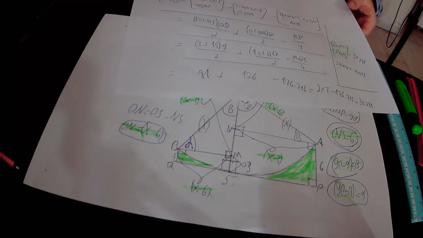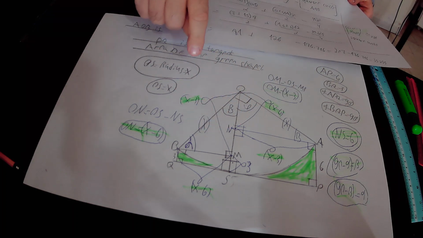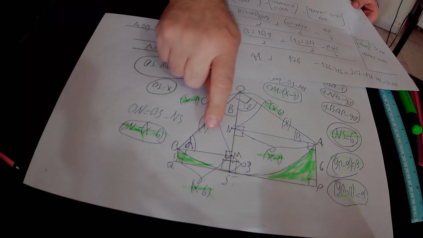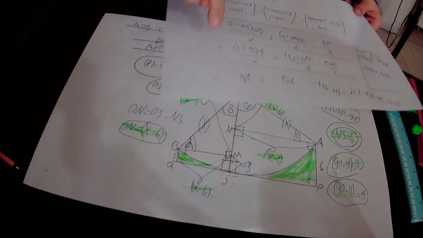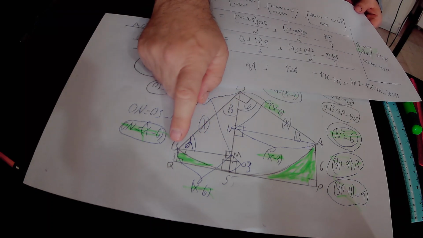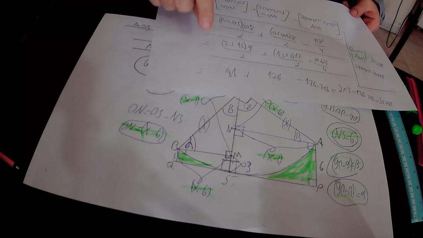So what is the area of trapezoid OBQS? The area of this trapezoid OBQS equals the sum of its bases, that is BQ plus OS, times the height to the base, that is QS, over 2. QS is the height because QS makes 90 degrees with the two bases.